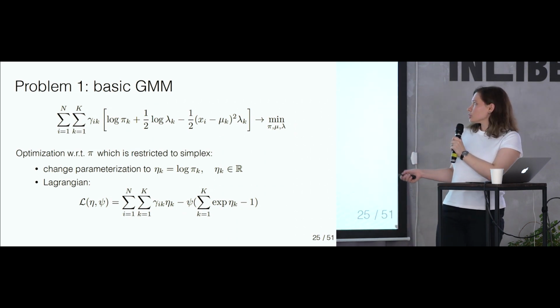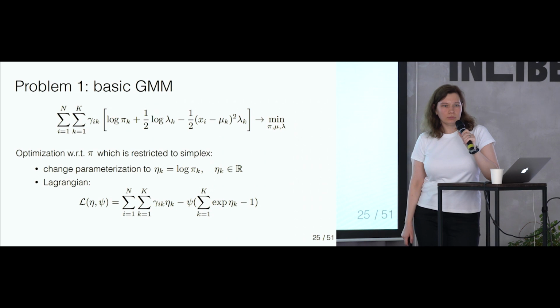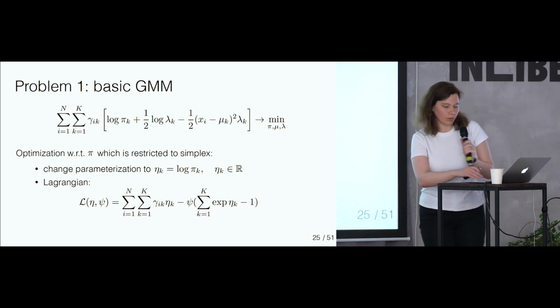This is the part of our function which depends on p, the first one, because the second and third terms do not depend on p. And this is the Lagrange multiplier times our constraint.